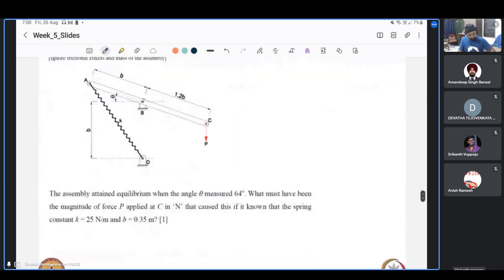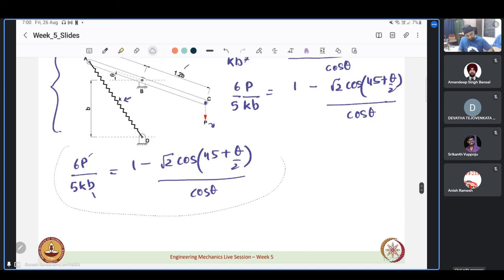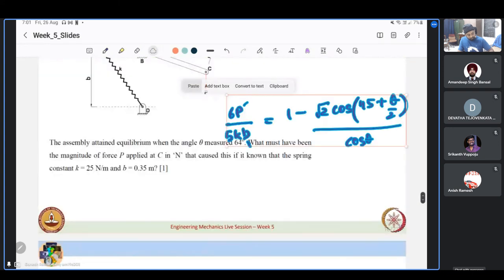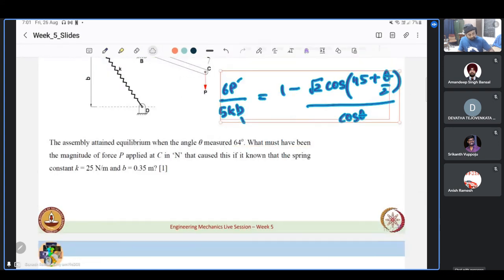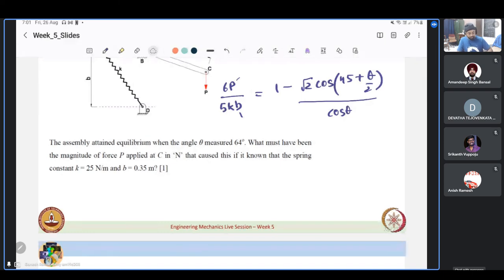So let's look at the last sub question also. We have got the equation which defines the equilibrium of the system. Now the assembly attained equilibrium when the angle theta measured 64 degrees. It is given that at 64 degrees, this system had attained an equilibrium.